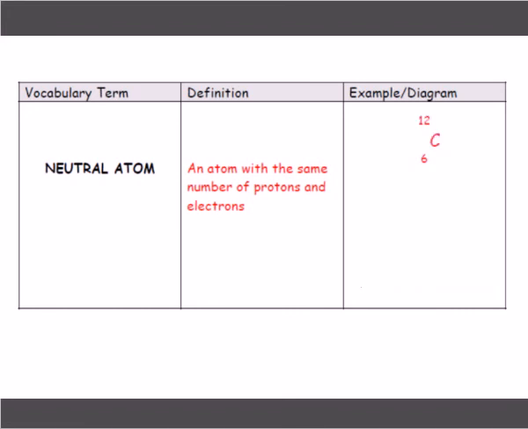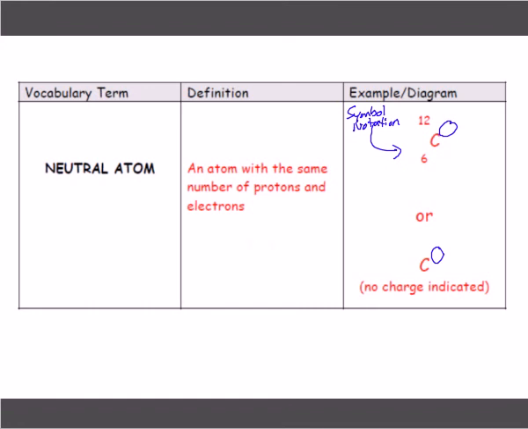So an example that I have looks like this. Where you would see a charge is in the upper right corner. Now these are two different symbols that we can write. This right here is called symbol notation, where it shows the symbol and there's other pieces with it, which we'll get into in a couple minutes.